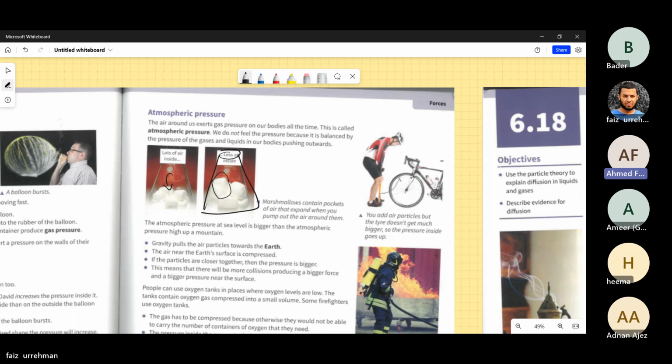In the second, when there is less air outside, it pushes out more. That is the unbalanced state, where the air wants to move out. When the air has moved out, the marshmallow will start gaining its size.